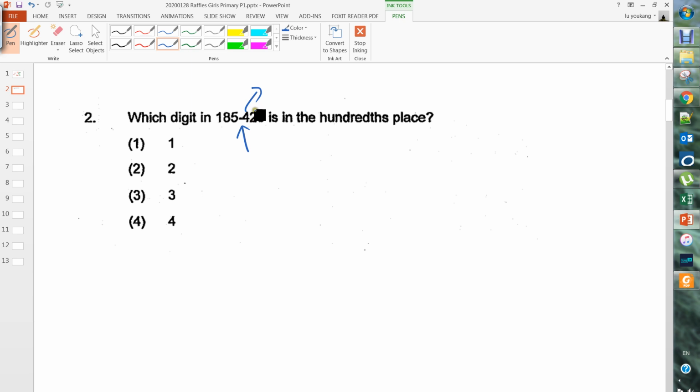What is this place? First thing, you need to look at the screen. Second thing, you need to pay attention. What is the place for 4 after the decimal place? Quick. Which one is the 1?